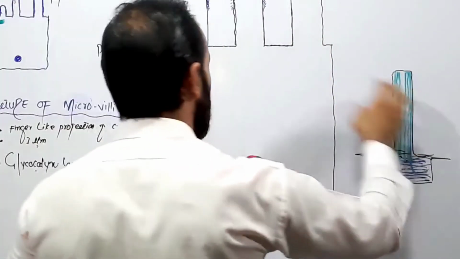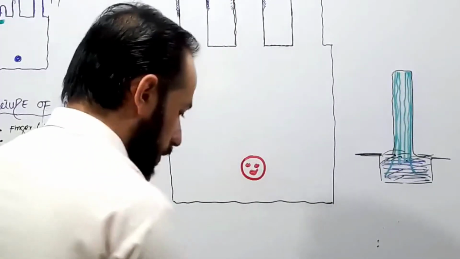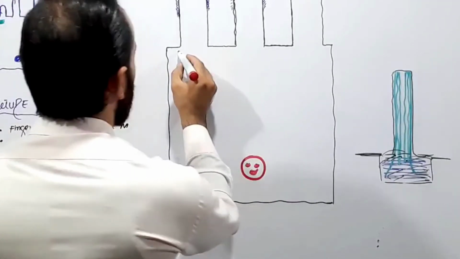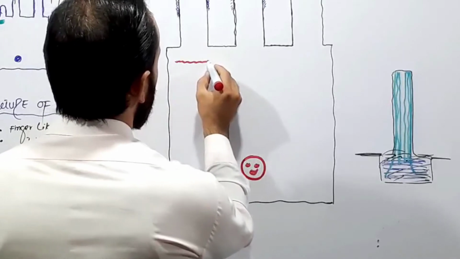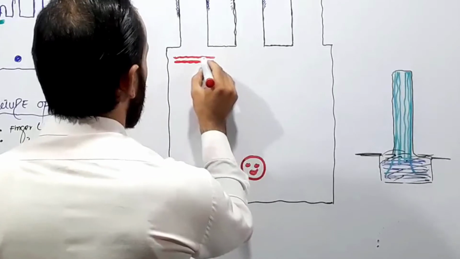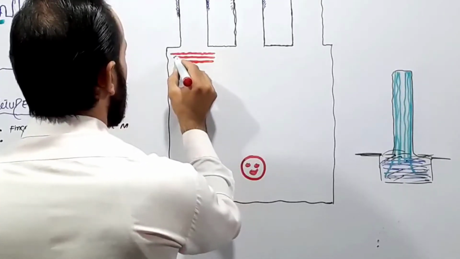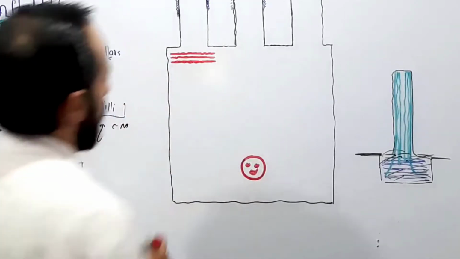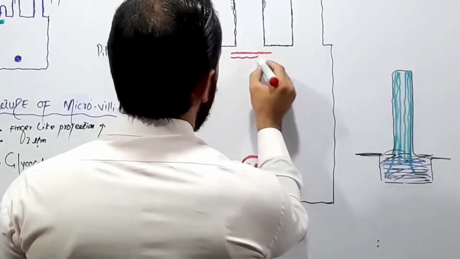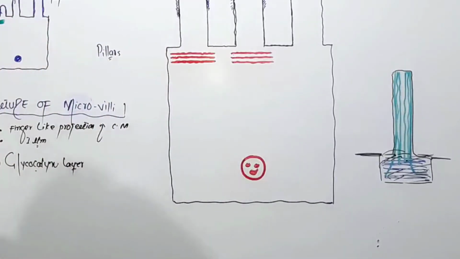The same structure is found here in this microvilli. First of all, look carefully. This is the cytoplasm, so there are certain proteins present in this cytoplasm. I will discuss these proteins and write their names. Inside the cell, which is called the cytoplasm, these are the actin proteins, right?